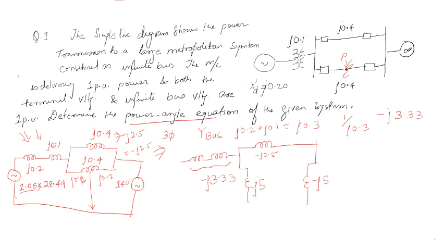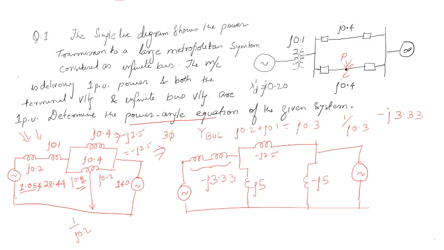These j5 and j5 come when you invert j 0.2: 1 upon j 0.2 gives you these two. So overall the circuit changes like this. This is my circuit right now after the fault. The fault is present and my admittance circuit is like that.